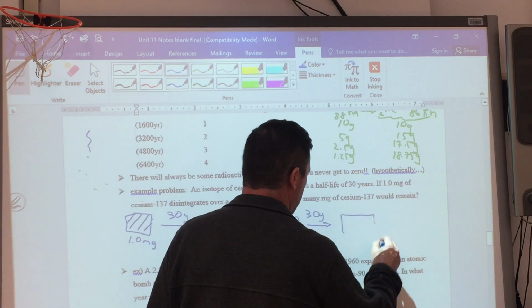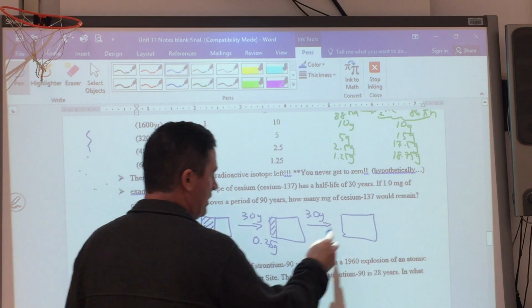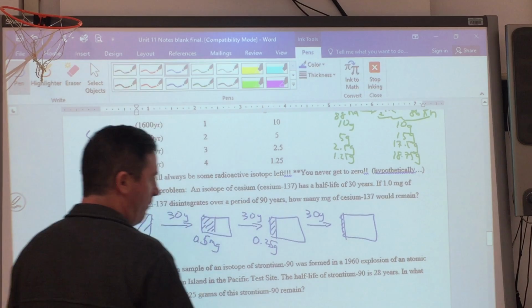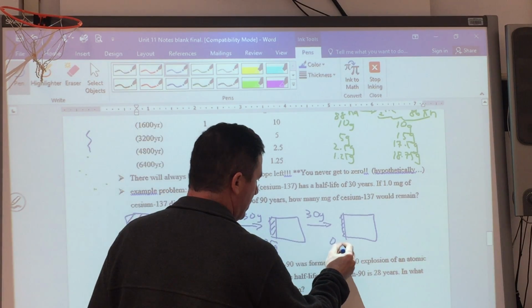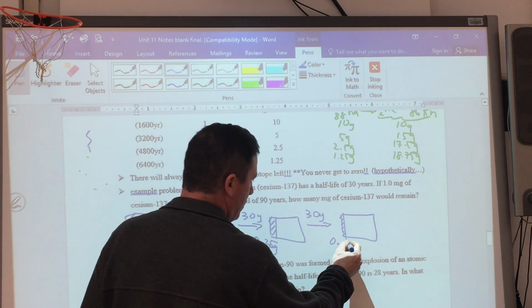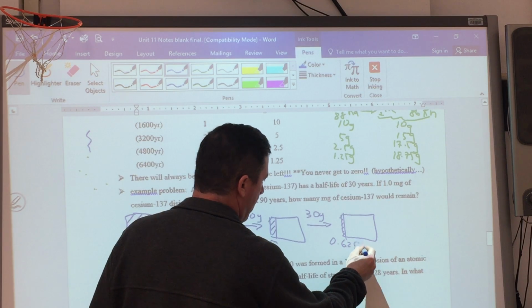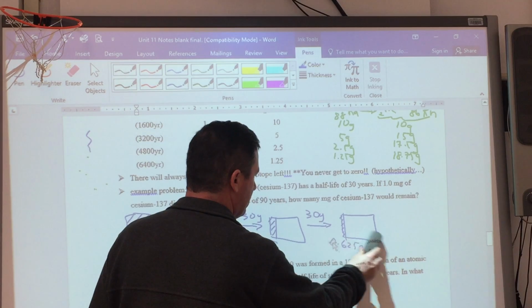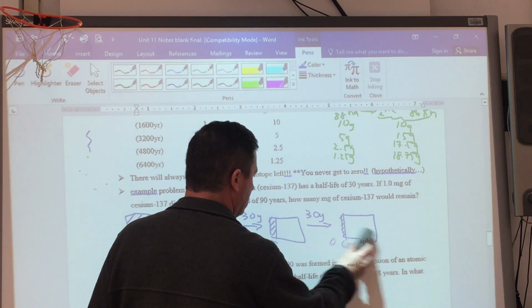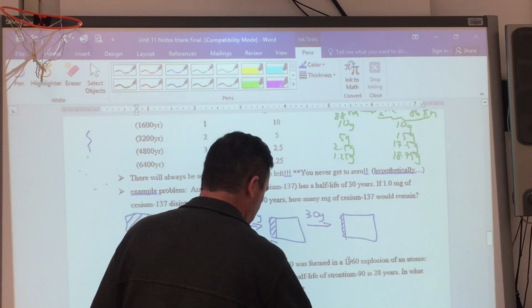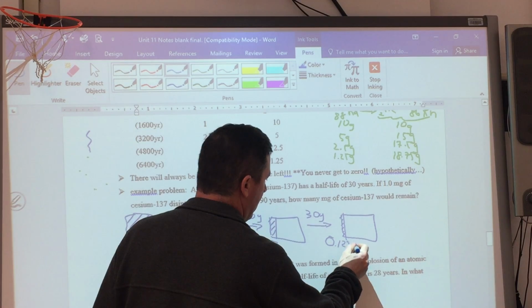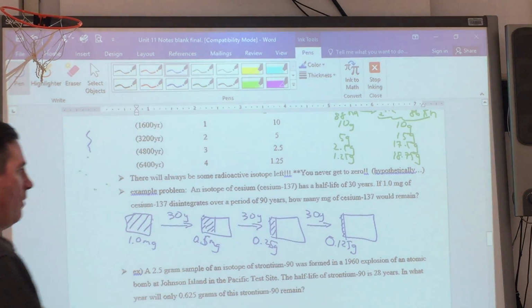Drawing the same box, half of this, so it's kind of like a sliver. And what's half of 0.25? 0.625. Nope, I did that wrong. It's 0.125. Sorry. Half of 25 is 12.5, so that's 0.125 grams.